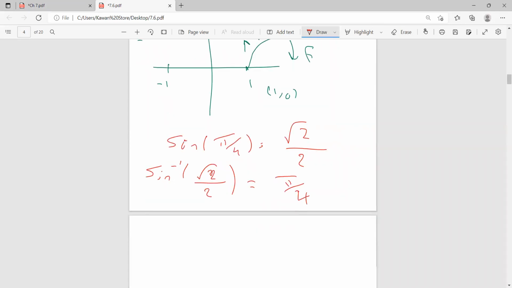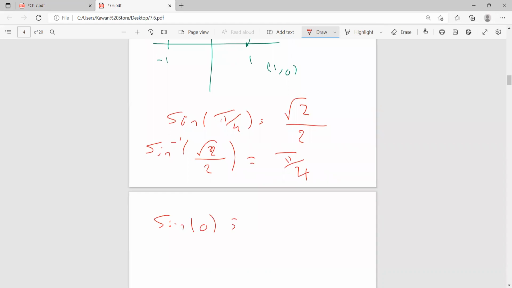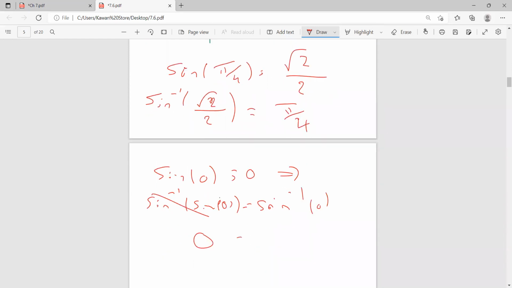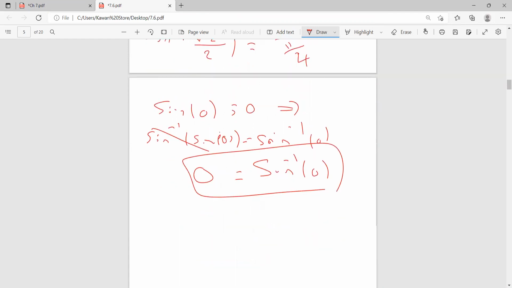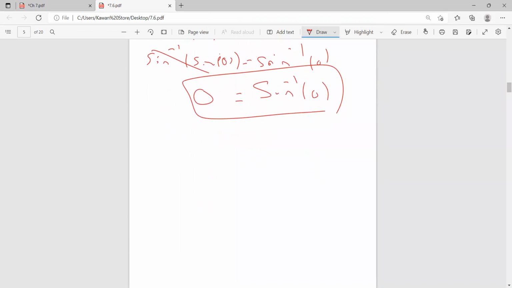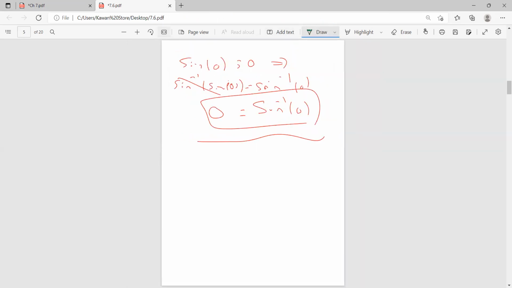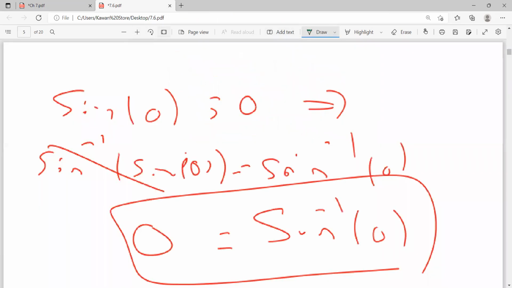If sine of 0 is equal to 0, so taking sine inverse of both sides, sine inverse of 0 is equal to 0. You get the idea? No, because I was so fast. I know. Even if you say yes, I know you didn't get it.